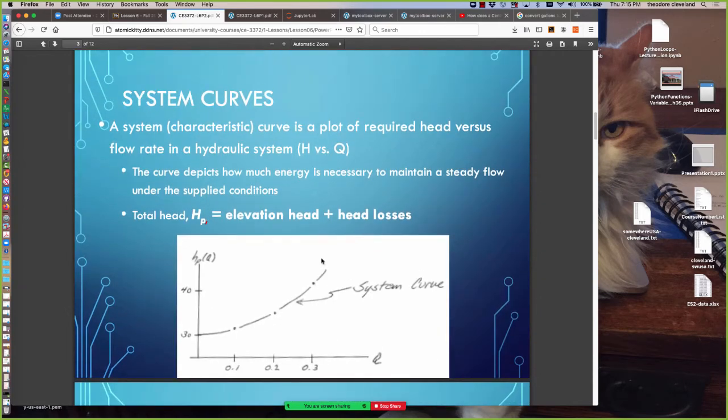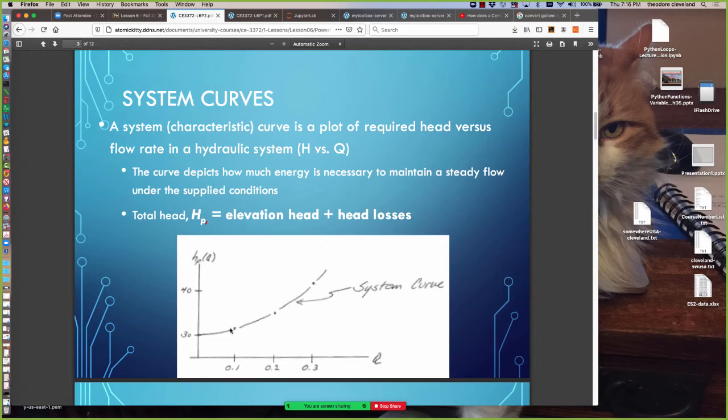So system curves, here it's drawn. I mean, that's not necessary all the time. But this system curve in this drawing depicts the amount of energy that's required to maintain a steady flow rate under the supplied conditions. The vertical axis is total head, which is elevation head plus head losses.